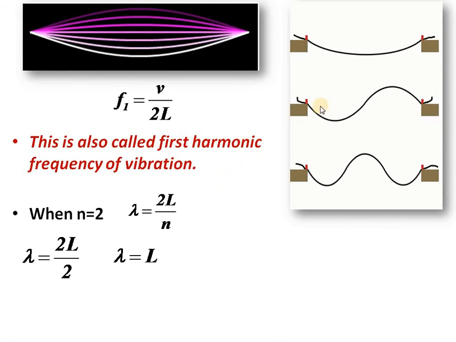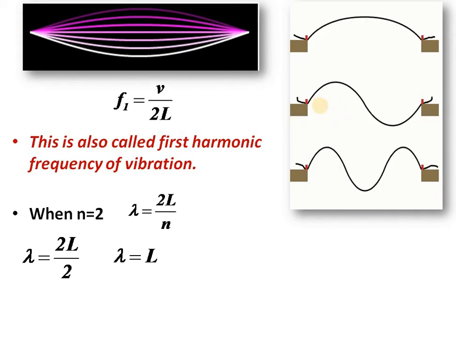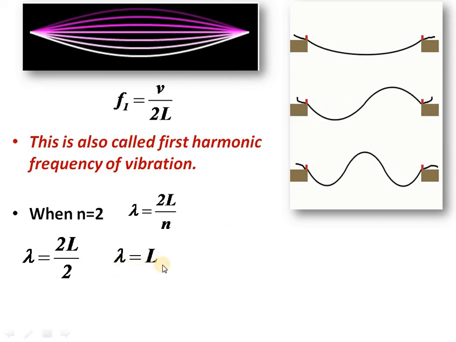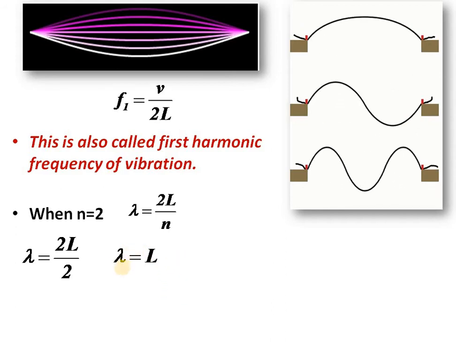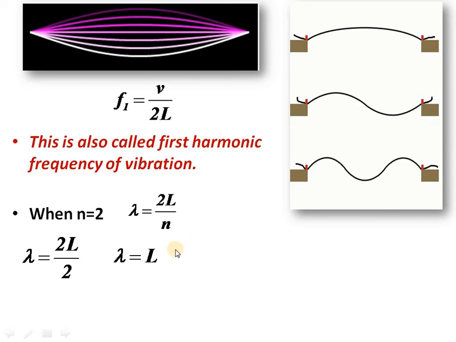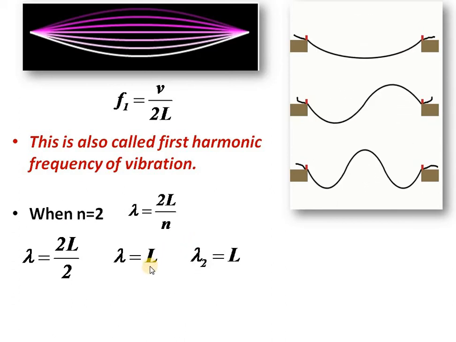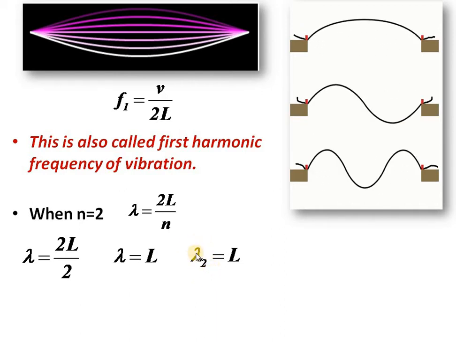That means that the string can also vibrate with a wavelength given by lambda is equal to L. In the previous case we found that the string can vibrate with a wavelength lambda is equal to 2L. Now it can also vibrate with a wavelength lambda is equal to L, and we call it the second mode of vibration, so we designate it with lambda 2.